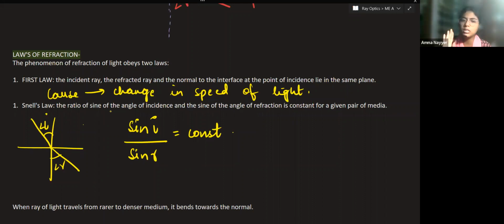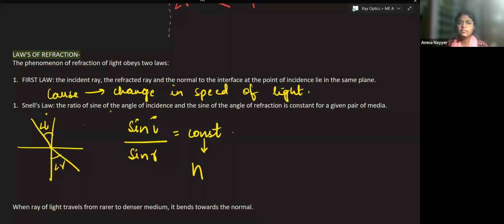The ratio of the sine of the angle of incidence to the sine of the angle of refraction is a constant, and we have discussed that this constant is simply your refractive index. So this is your second law, known as Snell's law: sine i by sine r is a constant equal to n.